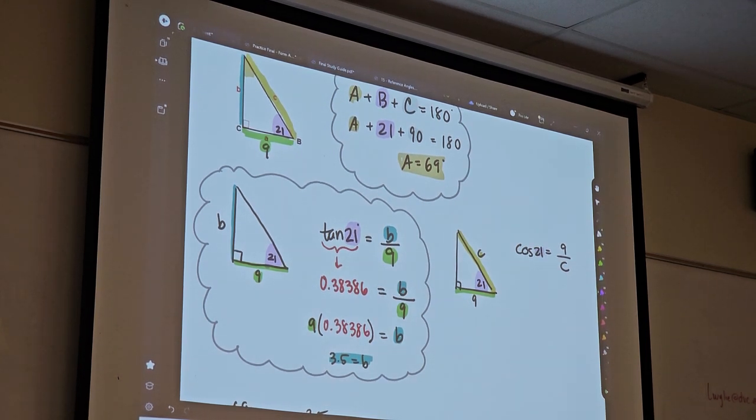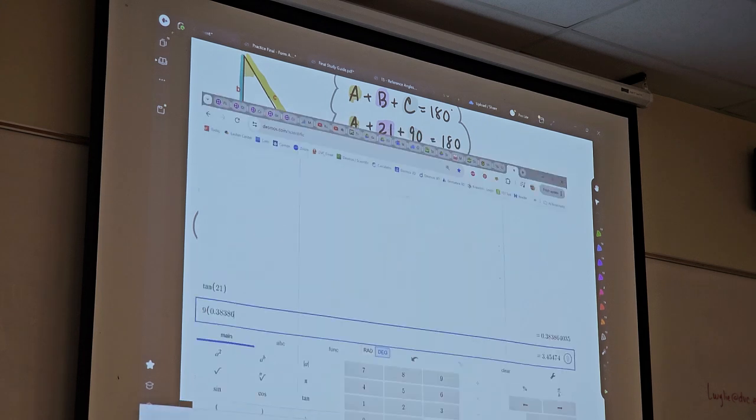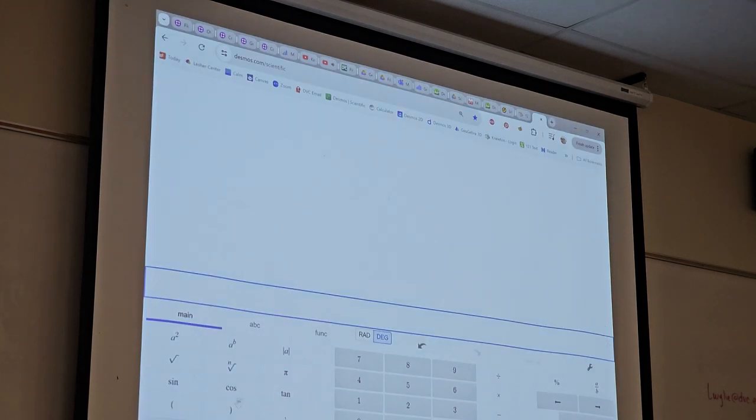Let's get a decimal approximation for the cosine of 21. I'm in degree mode. There we go. Cos 21 is 0.93358.